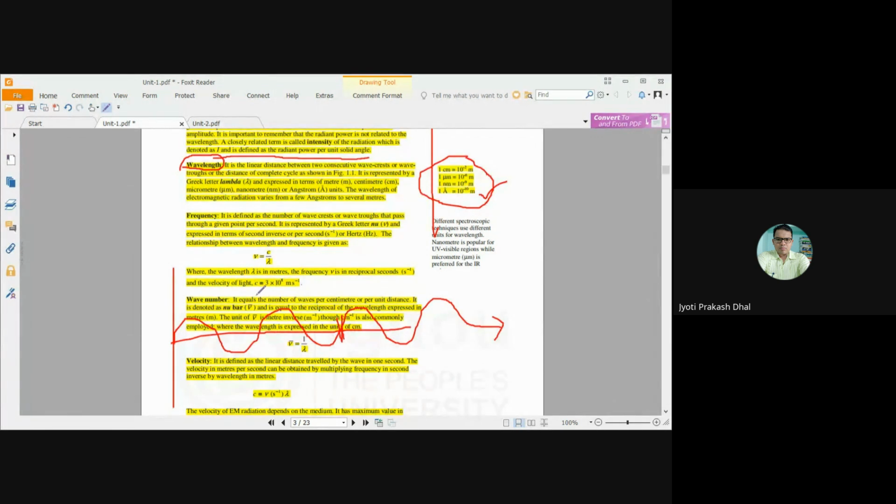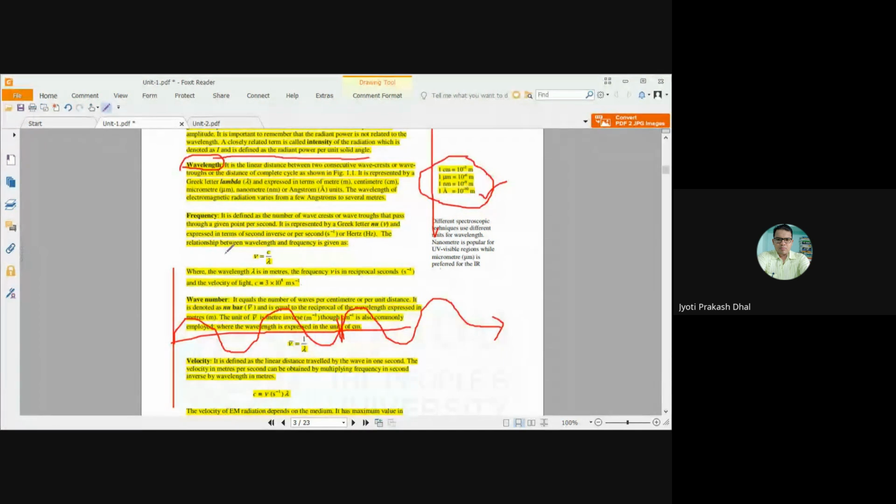So the frequency is defined as the number of crests or the number of troughs, that means the number of complete waves passing through a given point.